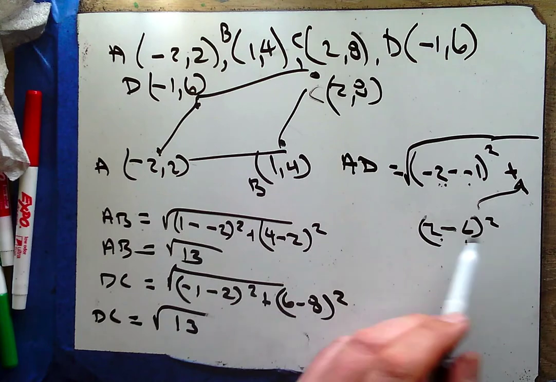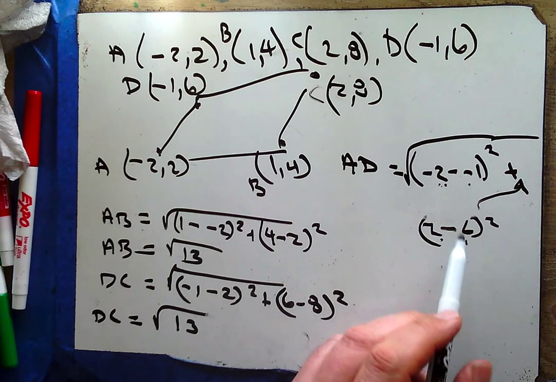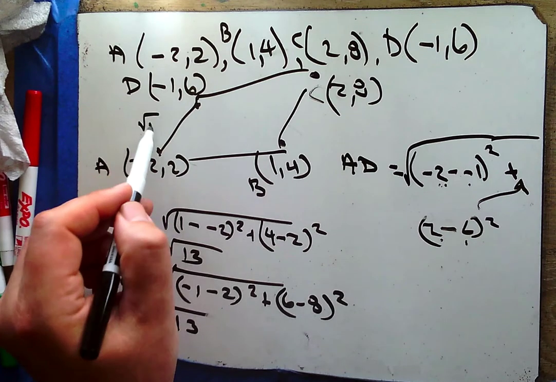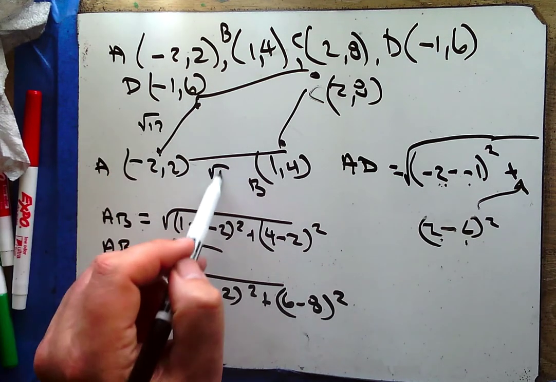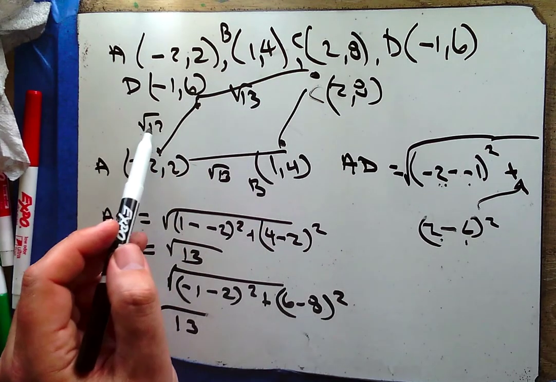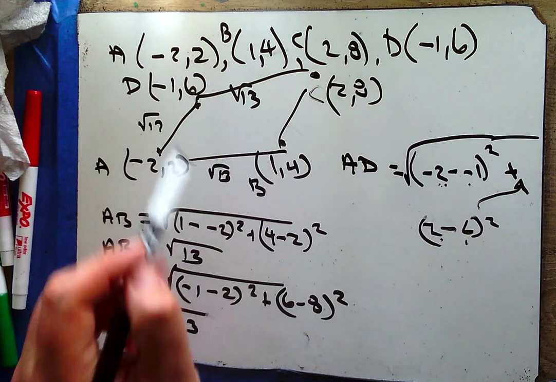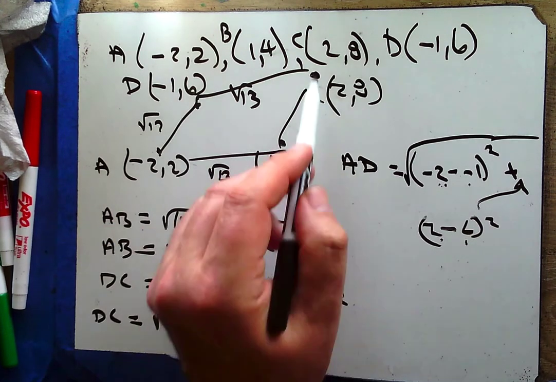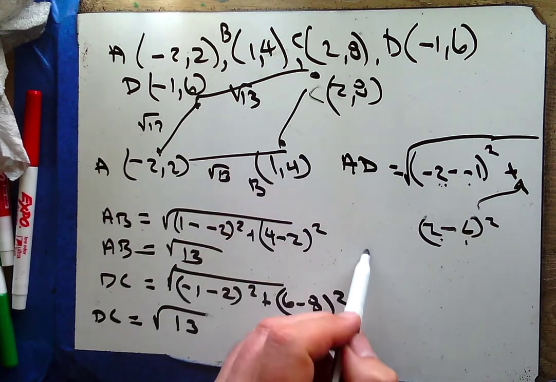This is going to be negative 4 squared, which is 16. 16 and 1 is square root of 17. So this is square root of 17. This is square root of 13, square root of 13. And so I know that this isn't going to be rhombus because the sides aren't all the same. But let's see if it's a parallelogram.